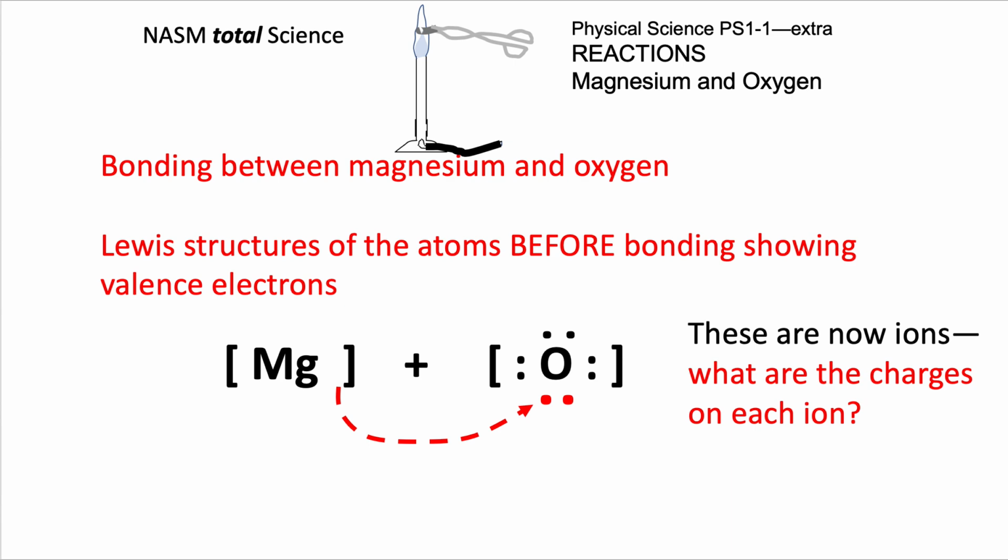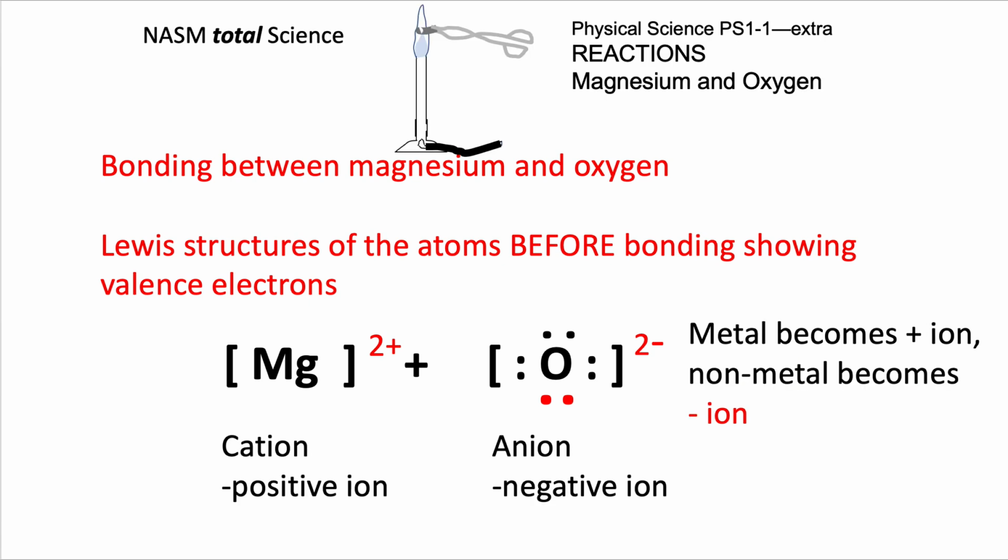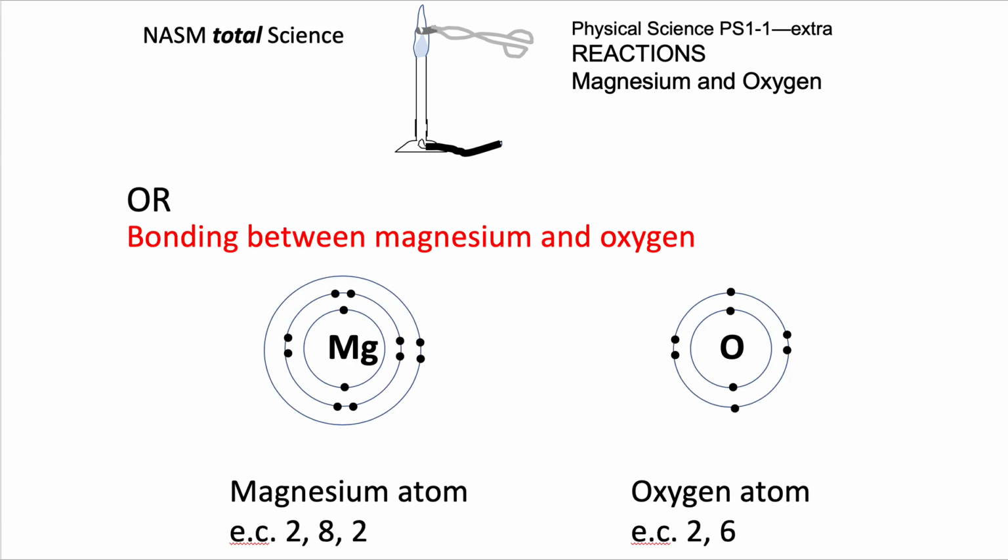And then these are now ions, and what are the charges on each of the ions? You've lost 2 electrons on the magnesium, so it's 2 plus, the oxygen is 2 minus. Magnesium is a cation and the oxygen ion is an anion.